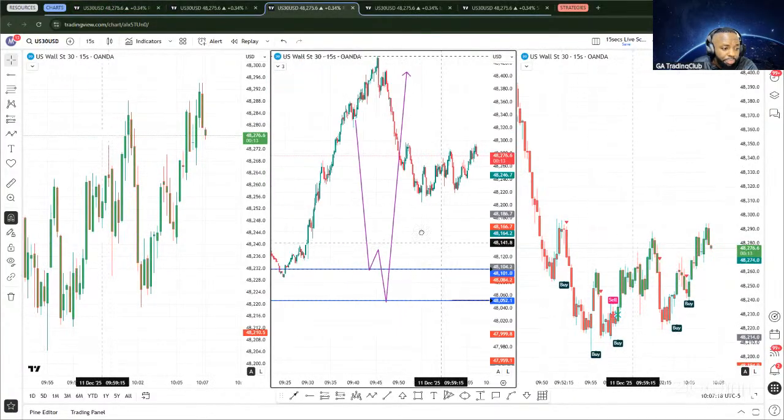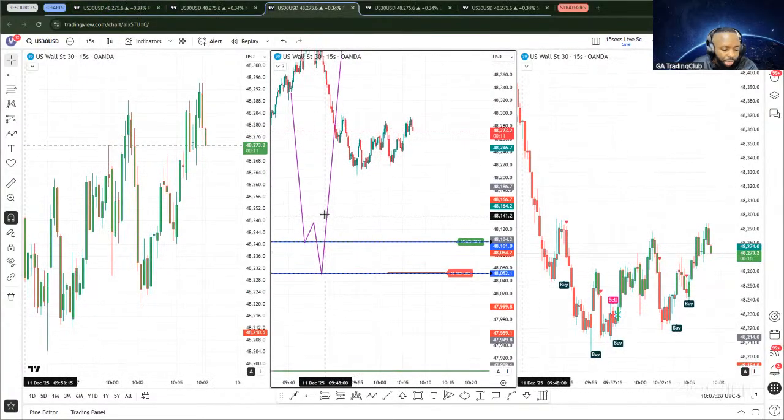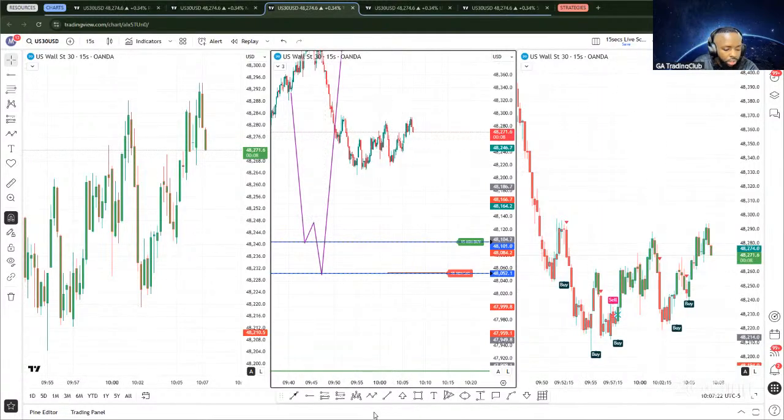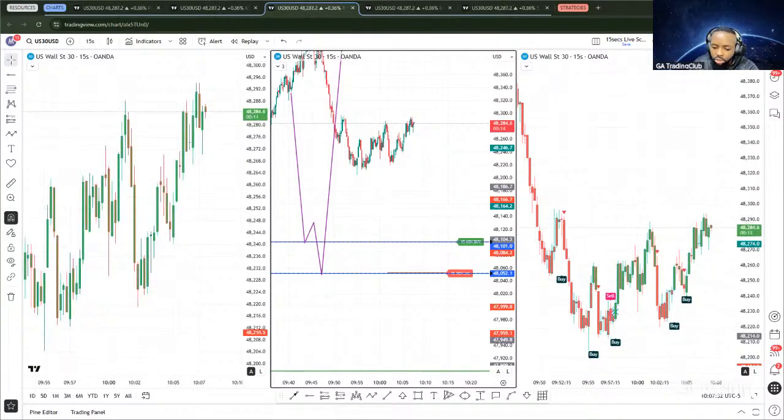And also there's still buy entries here if price comes down here, but for these buy entries, I would only take them if price pulls down this far.